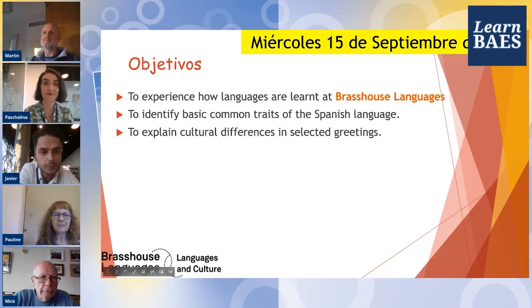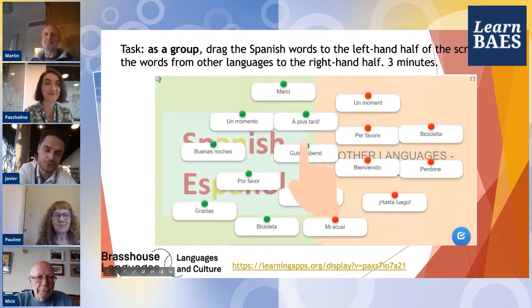Y objetivo número 3, to explain cultural differences in selected greetings. There are many different greetings in Spanish. We're going to look at a reduced number of them, and we're going to see how they work slightly different than in English overall. ¿Vale? Are we happy with this? ¿Sí? Sí. Perfecto, perfecto.